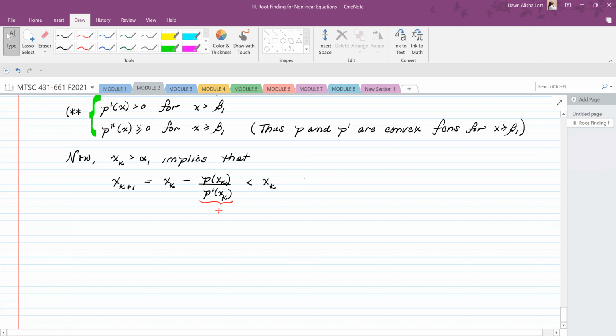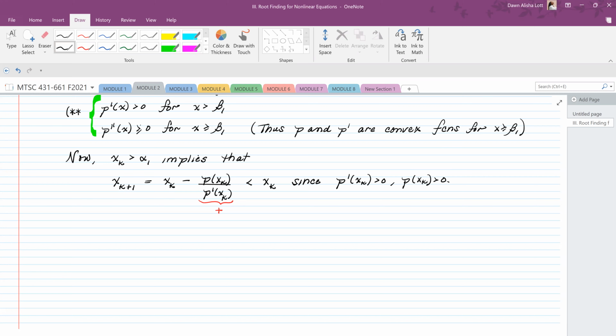since P prime of x_k is greater than 0, and P of x_k is greater than 0. So from our double star, x_{k+1} is less than x_k.